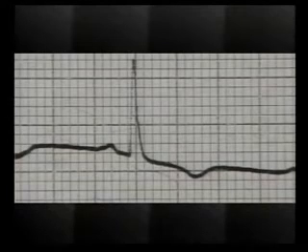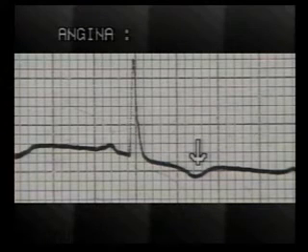If the inverted T waves are seen in patients without acute chest pain, they suggest myocardial ischemia, and their location tells the area of ischemia. T wave inversion seen here is in lead V5. This is typical of chronic angina.